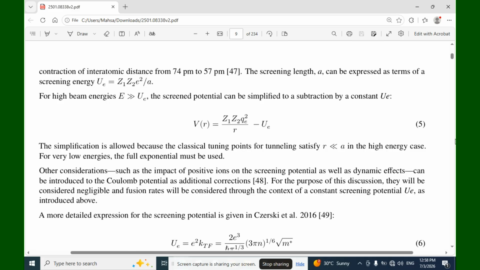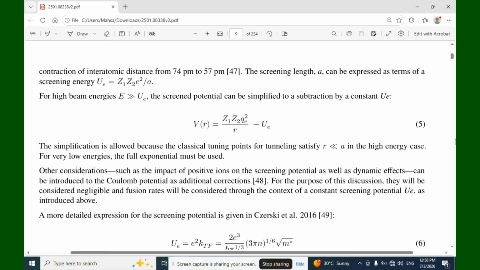V(r) is equal to Z1 Z2 e squared divided by r, minus Ue. The simplification is allowed because the classical turning points for channeling satisfy r is less than R in the high energy case. For very low energies, the full exponential must be used.